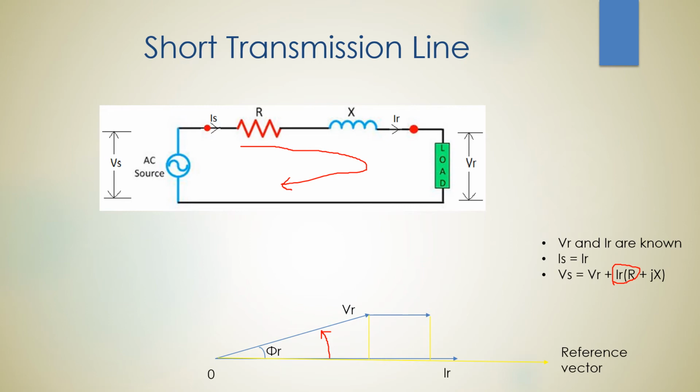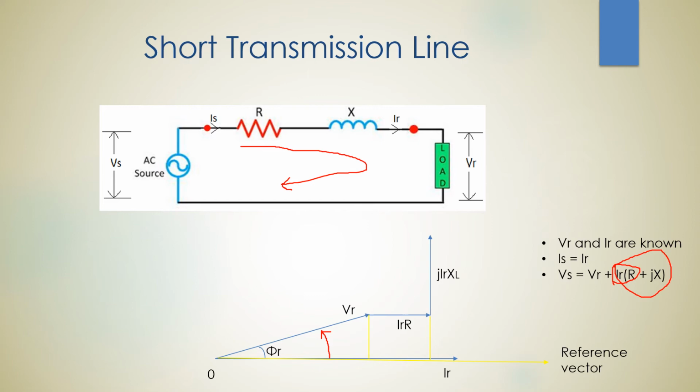Now we want to show IR into X. This vector is a reactive drop and it is perpendicular to the IR into R vector. So here it is shown perpendicular to that.